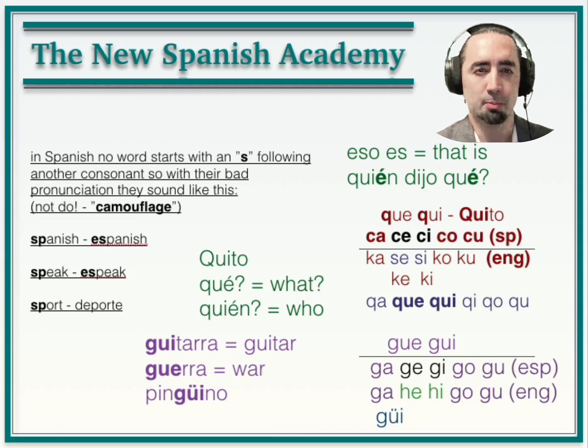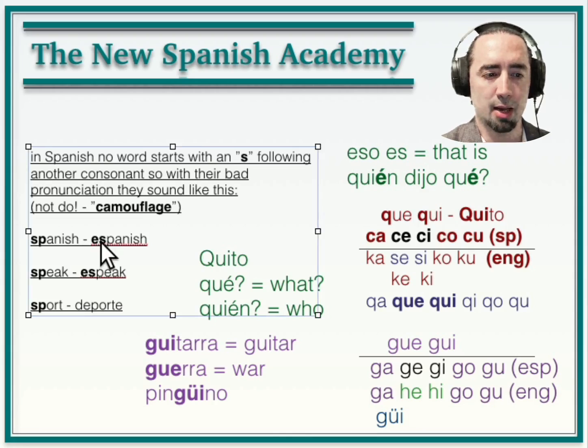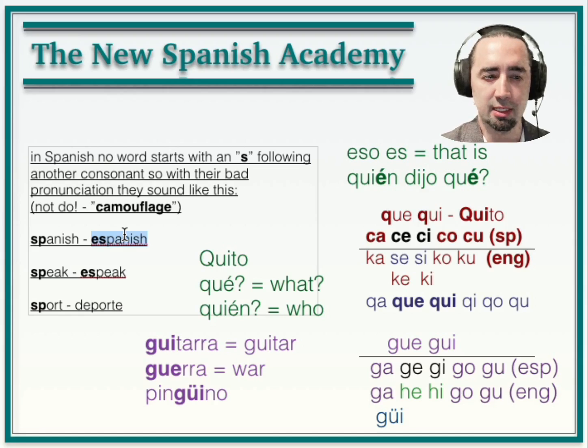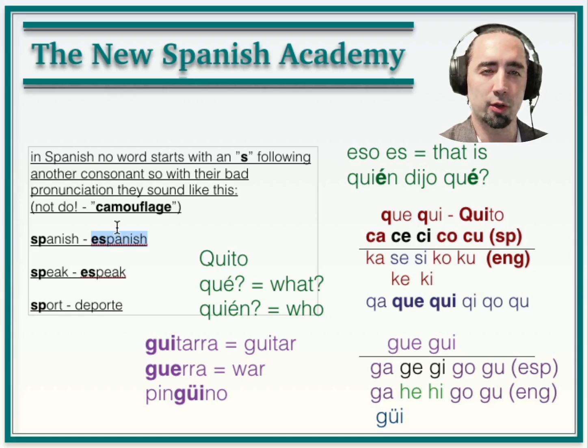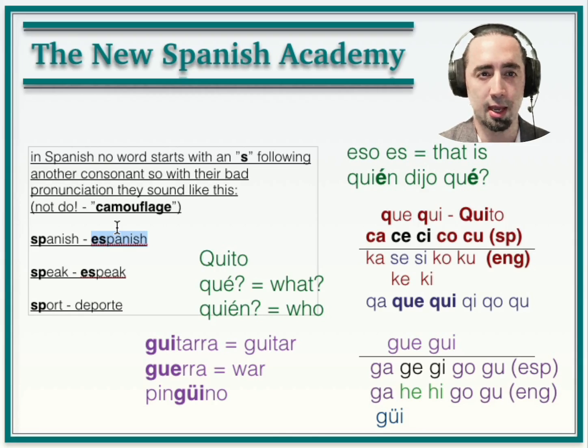"I come from Espain, and I speak Espanish." Why? Well, because in Spanish there are pretty much no words that start with an S followed by another consonant. That means S-T, S-P, S-M, like "small."